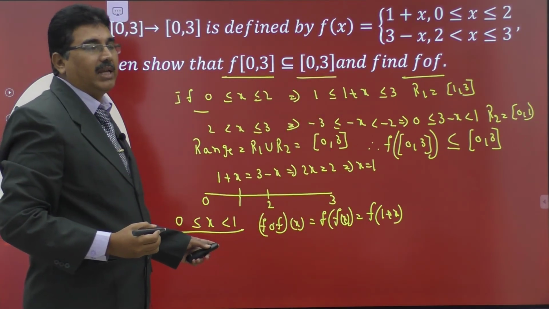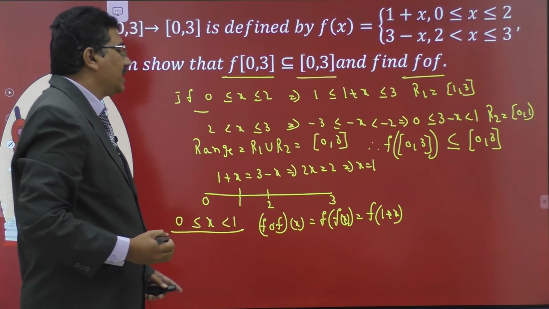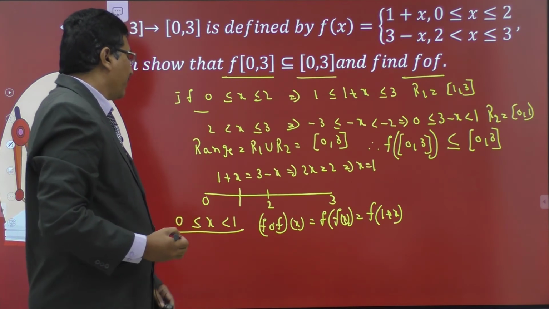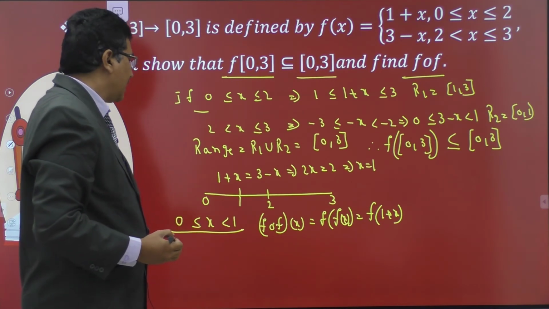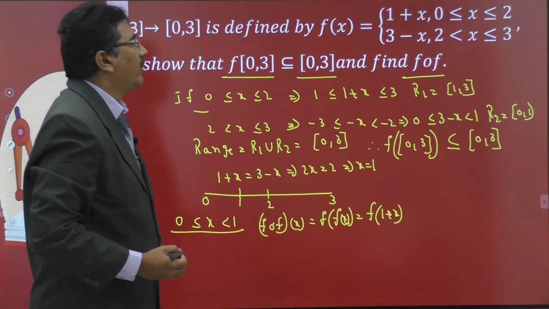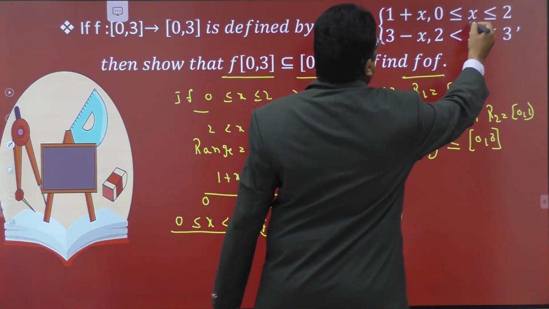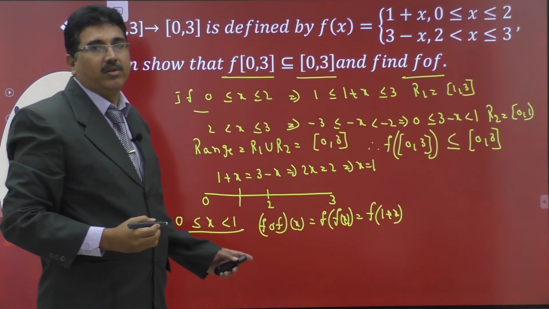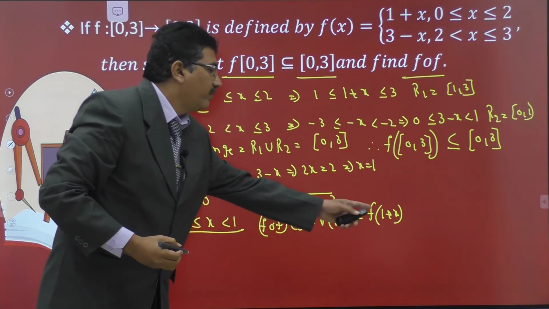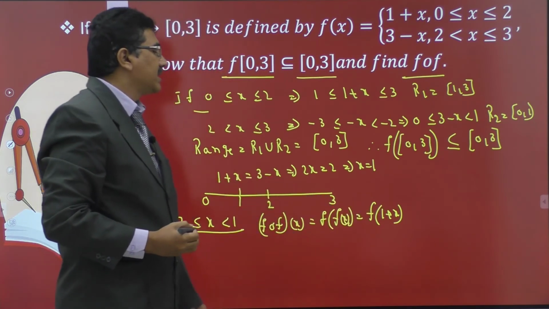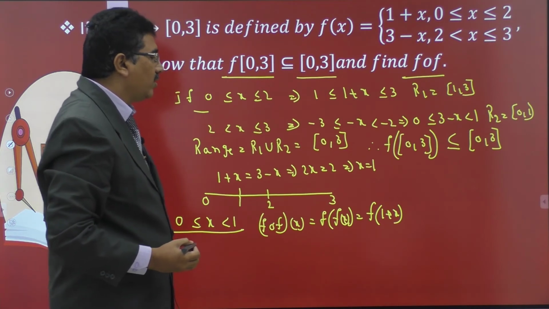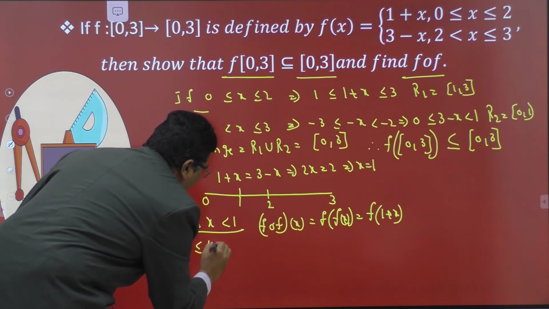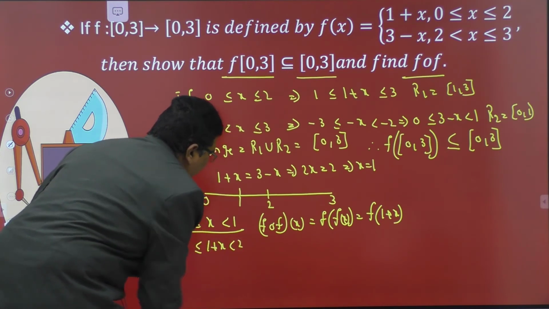Here x lies between 0 and 1, so 1 plus x also lies between 1 and 2. F of x is equal to 1 plus x, and 1 less than or equal to 1 plus x less than 2.